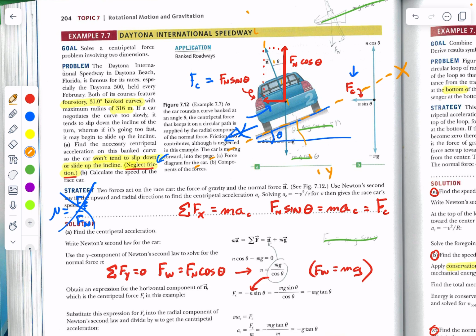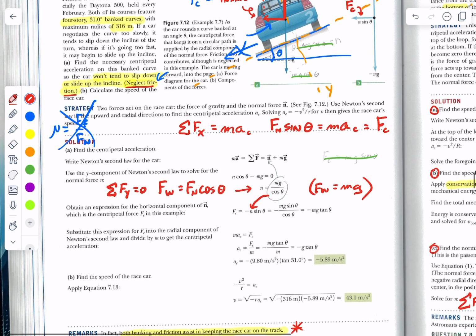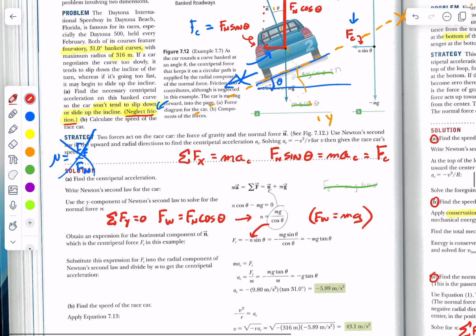So the vector that we are going to have to componentize is my normal force, which they use this lowercase n for. And I've componentized it in the red, as you can see, Fn sine theta for the x and Fn cosine theta for the y.